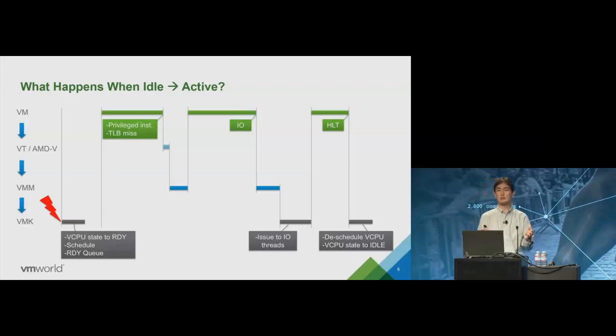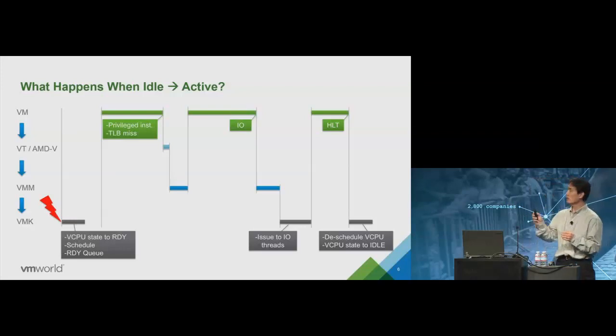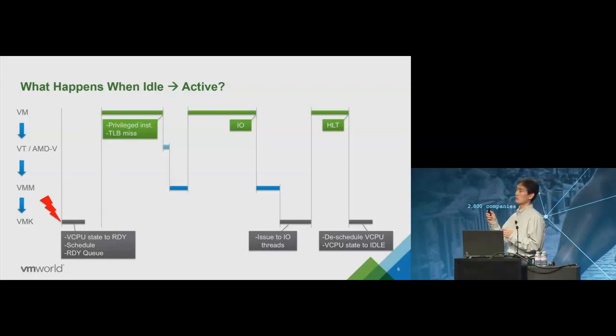So from this figure, the point I want you to take away is that anytime the VM spends in the green bar, that means the same speed as bare metal. And in most cases, this green portion is large enough that you don't see very high virtualization overhead.